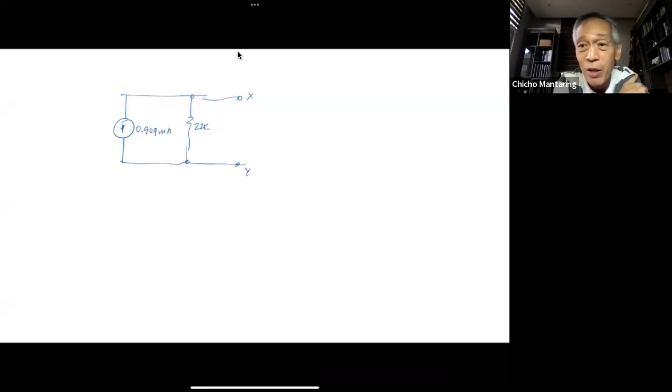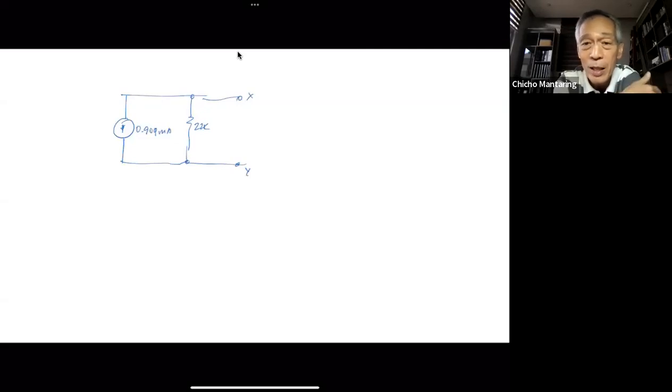And that should give you your Norton equivalent. Now, some students I've known in the past, they're not comfortable computing for short circuit current. They would rather compute for open circuit voltage. And so ang kino-compute nila is yung Thevenin equivalent, but the problem says determine the Norton equivalent. So kino-convert na lang nila yung Thevenin to Norton.